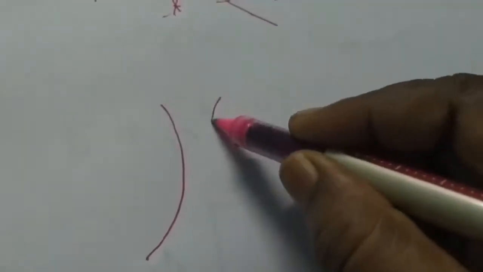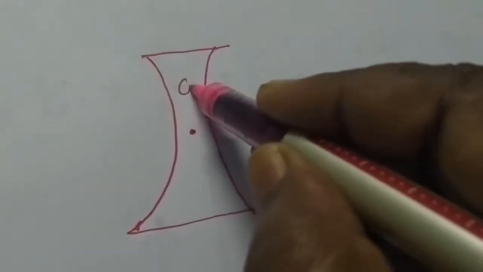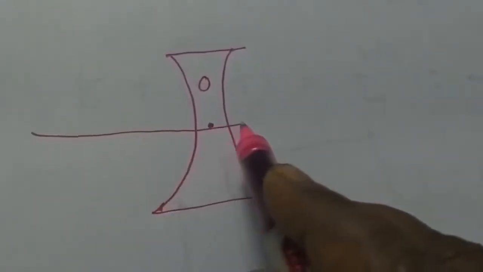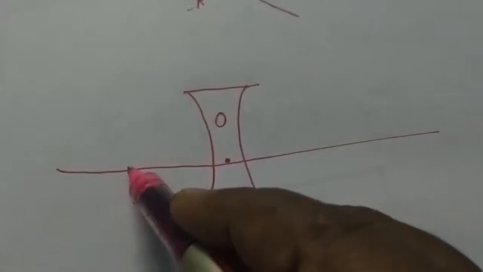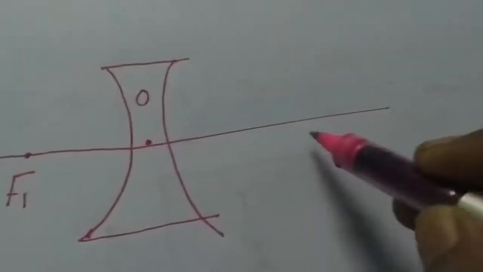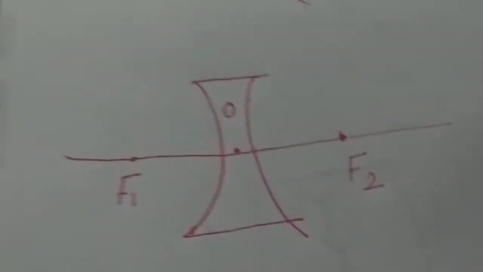And this type of lens is a concave lens. I am explaining rule 1 using a concave lens. So this is the optic center O, and the principal axis, and F1 and F2, the principal foci. What is rule 1?